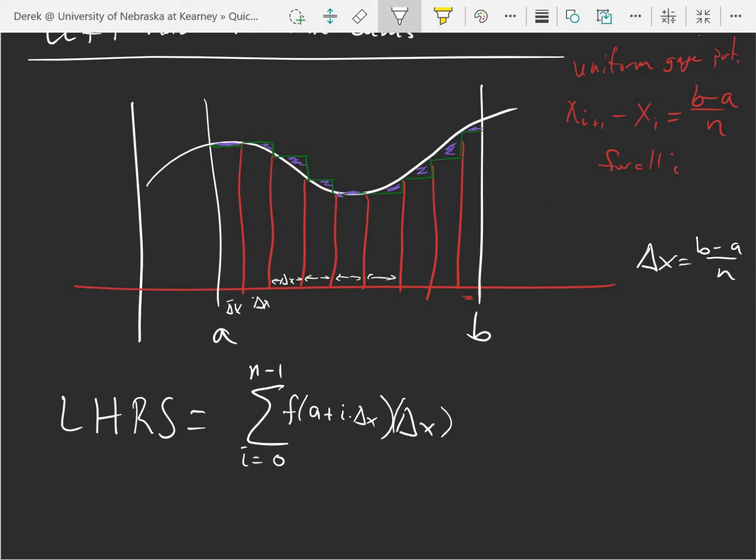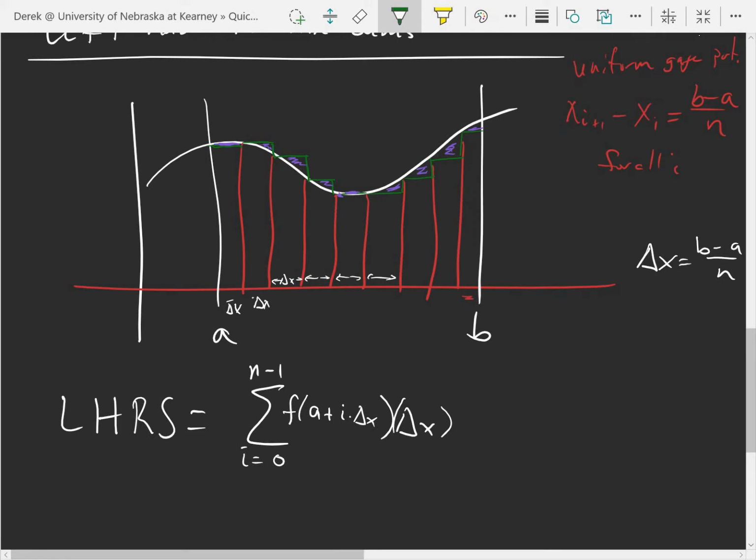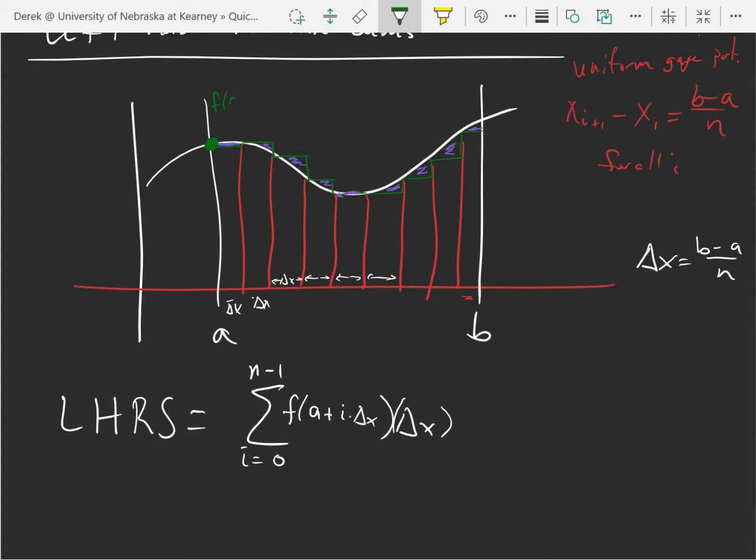If i is 0, I evaluate the function at a, and I get this point. This is f of a plus 0 times delta x. This guy right here is f of a plus delta x. This one is f of a plus 2 delta x, and so on.